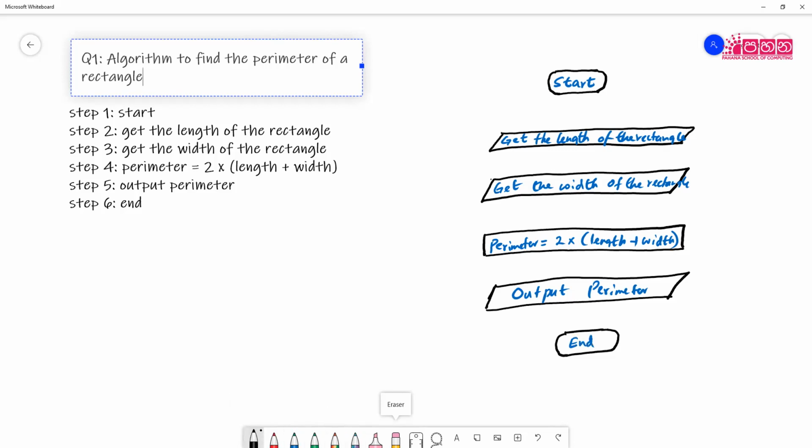Right. Now we can connect using the flow lines. I told you all the blocks should be connected using the flow line.